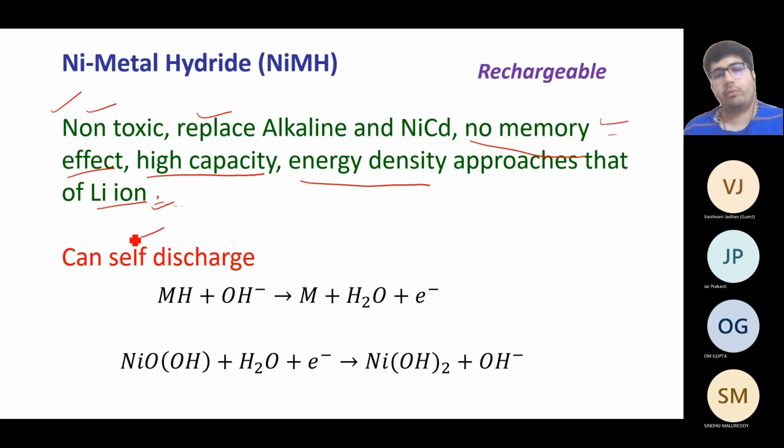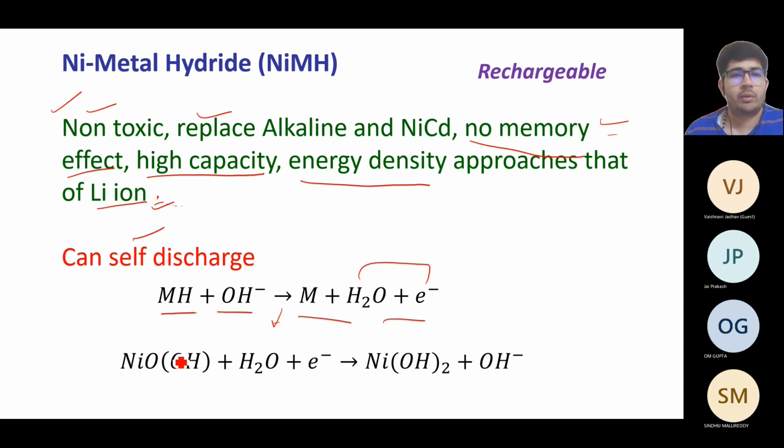If you are not using the battery, it can still self-discharge, because the chemical reactions happen automatically. Metal hydride reacts with OH- and converts into metal, H2O plus electron. The electron again reacts with the nickel oxide and OH ion, converting to Ni(OH)2 and releasing OH- ion.